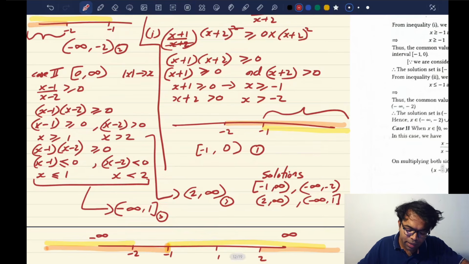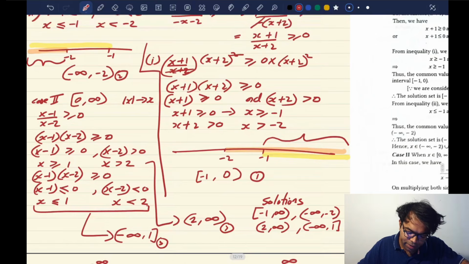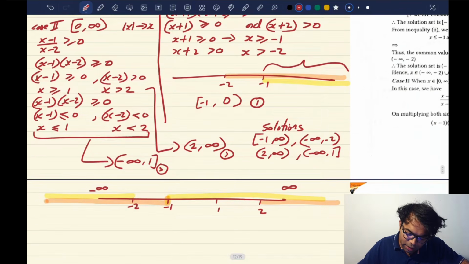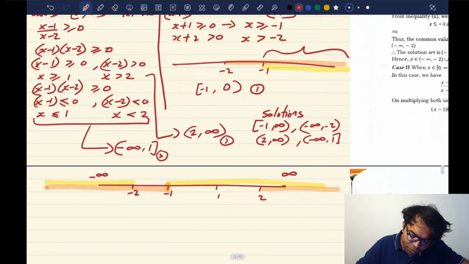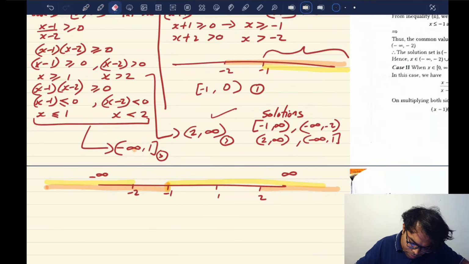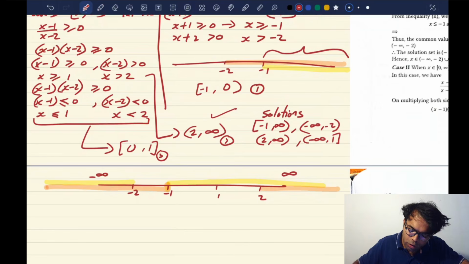Did you understand what I'm trying to say? Minus infinity to minus 2 is still correct. Okay, now the next one, 2 to infinity, is also correct. And this should have been 0 to 1.